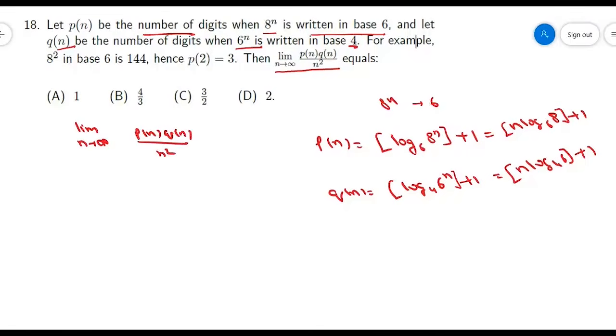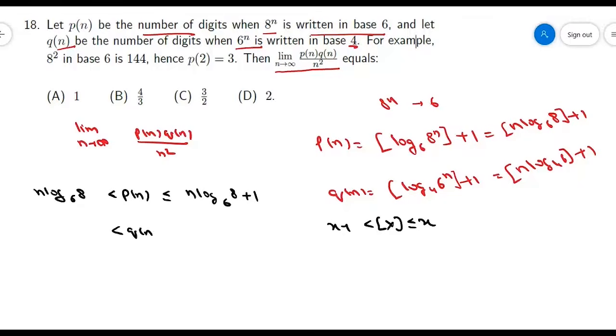Now in the greatest integer function, we know this property that the greatest integer function of x is always less than or equal to x and it is greater than x minus 1. So I can write P_n is less than or equal to n log 8 base 6 plus 1 and it is greater than n log 8 base 6.